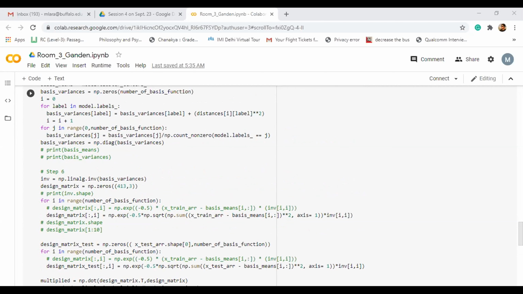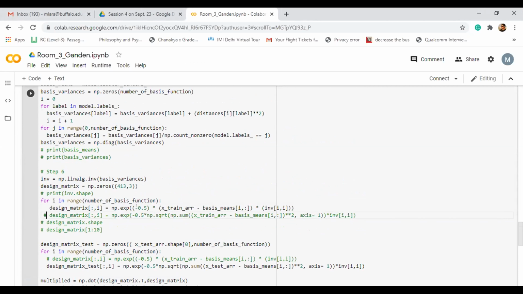Yeah, design matrix. Okay, that's the same one actually. There isn't any change. Yeah, we need to multiply the last part, I think again with this x_train_array. So we need to do dot product.